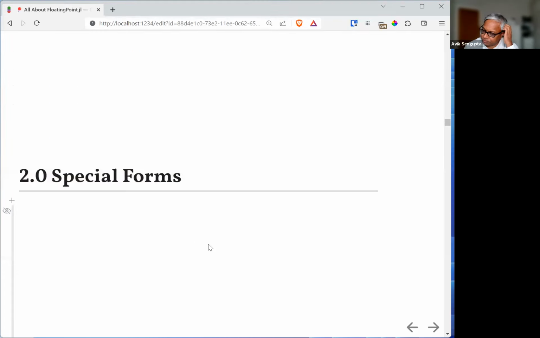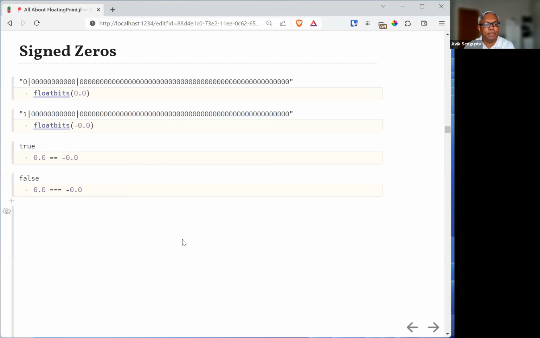Okay. So that was all about the low level representation of numbers and how they are stored, and what repercussions it has. Let's look at some results of that. So zero is basically zeros as exponents and zeros as significands.